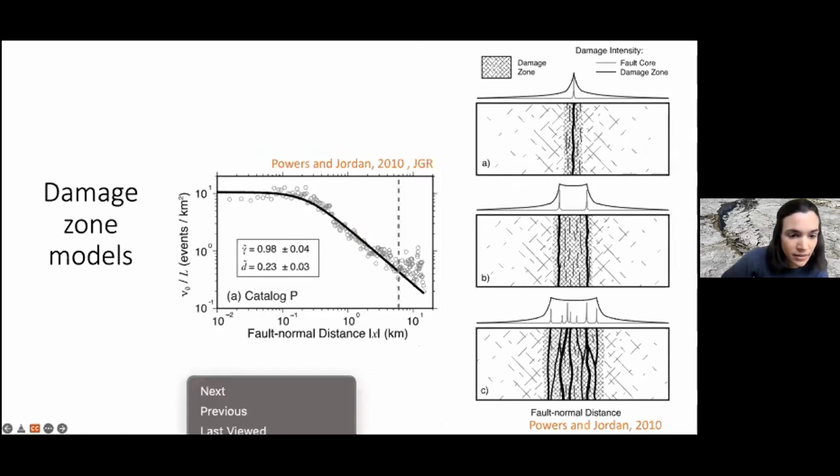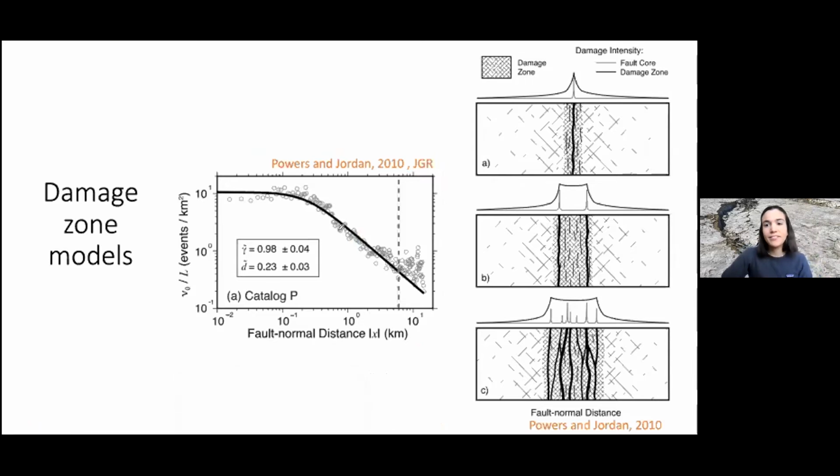So I'm just going to quickly get my pen here so I can annotate this. Okay, so Powers and Jordan interpreted 3 zones from their decay and fracture in aftershock density with fault perpendicular distance. First, an area of sustained constant aftershock density that ends in a corner or a break in scaling that bounds an area where aftershock density decreases constantly until these aftershock densities meet some sort of background out here.